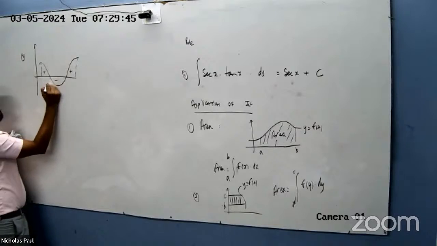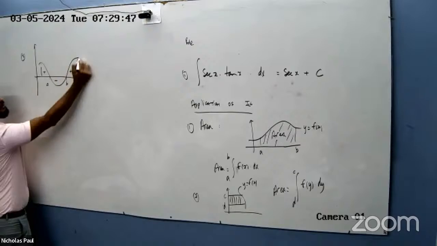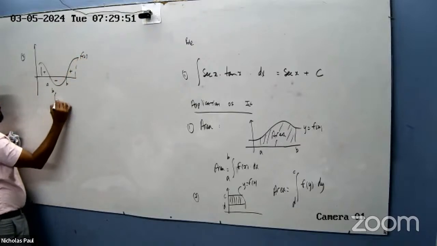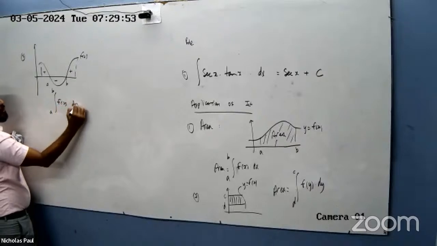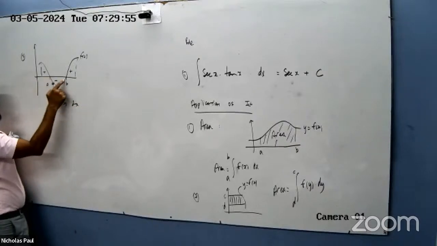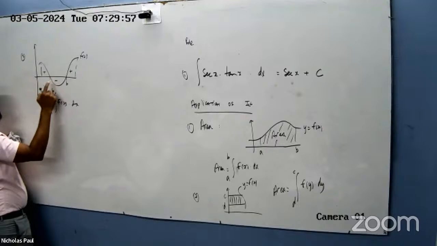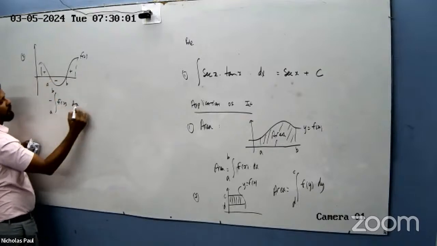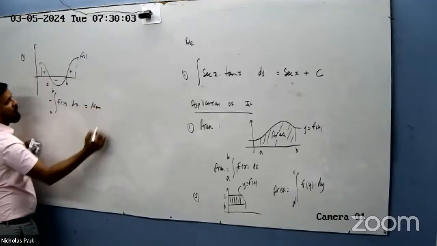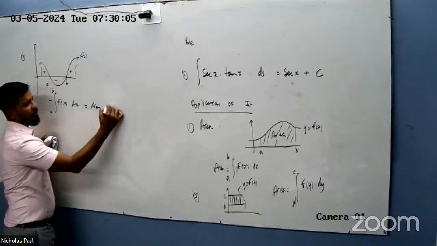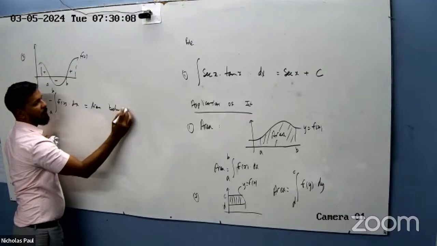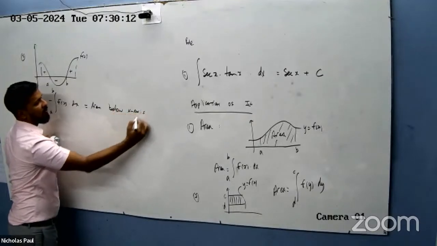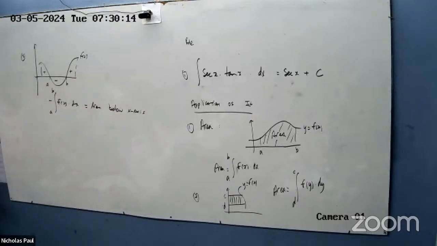And if you have to find the integral between A and B of f of x, since the area underneath here is negative, you can put a modulus or put a minus sign in front. So if you have the area below the x-axis, just some quick rules to remember.